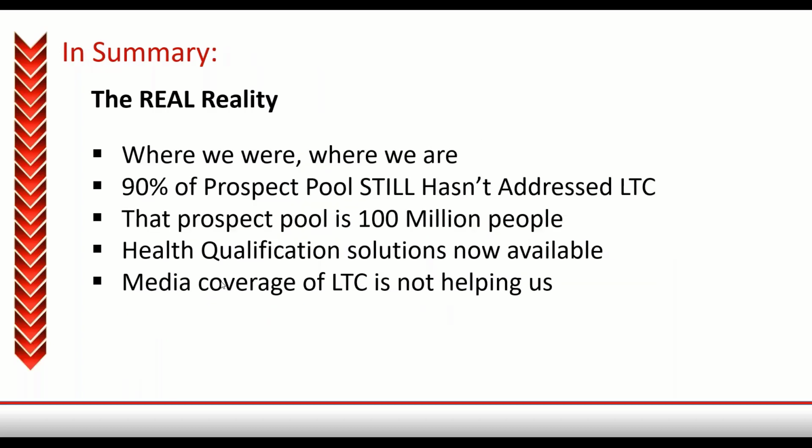The reality is, right back to where we started, 90% of the people still haven't addressed long-term care. But you know what? COVID-19 really brought out the realization that people don't want to go to the nursing home. They want to have that cash that's in the Mutual of Omaha product, and they want to be able to stay at home.